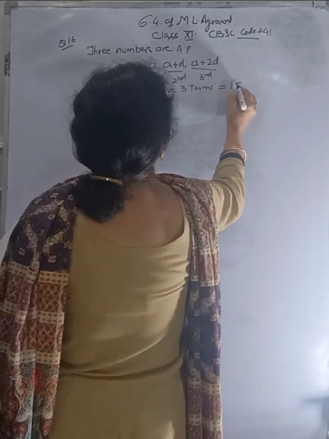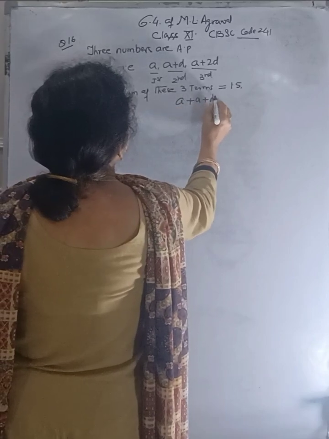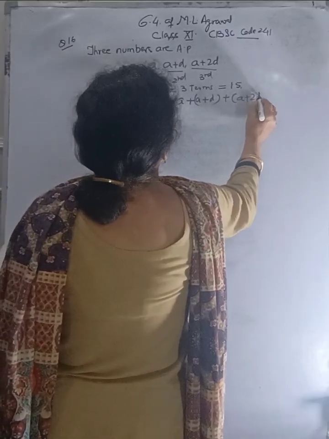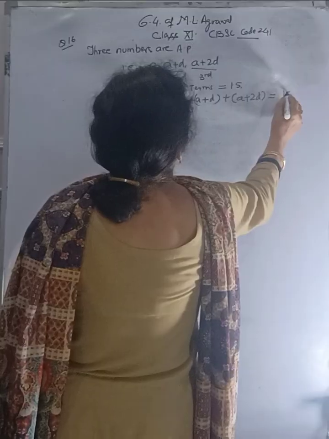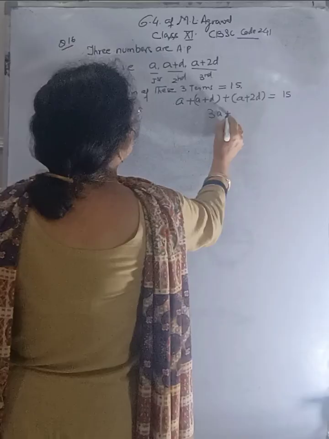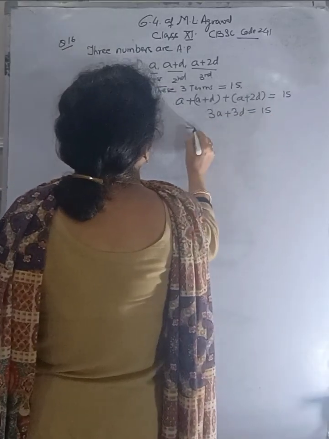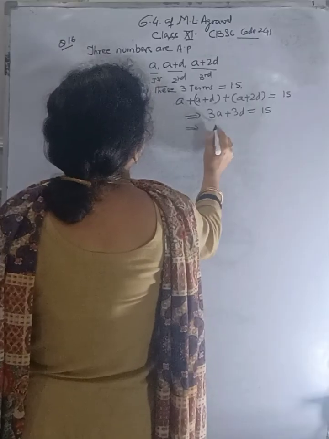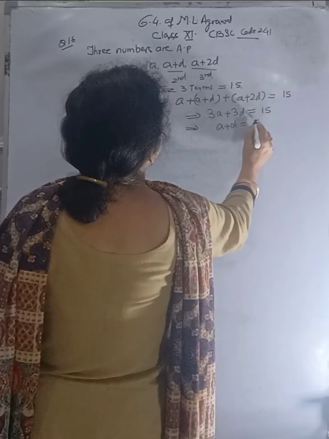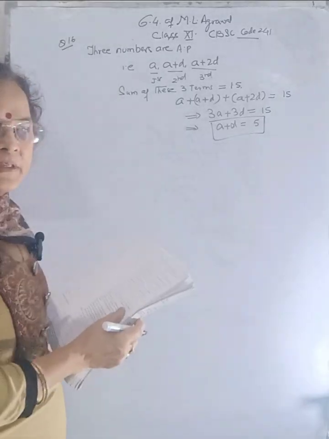It means we are given that A plus A plus D plus A plus 2D is 15, or we can say 3 times A plus 3 times D is equal to 15, or we can say A plus D in short is equal to 5. This is noteworthy. This is given to us.